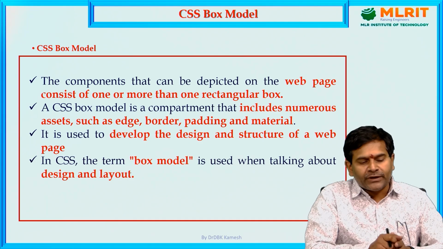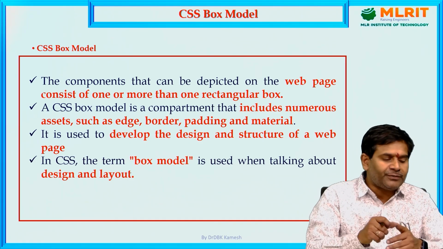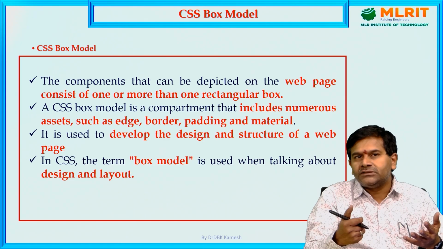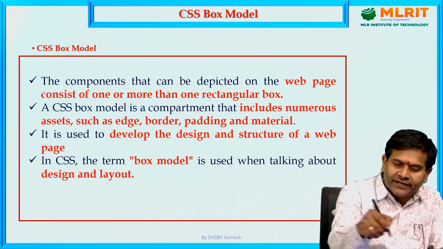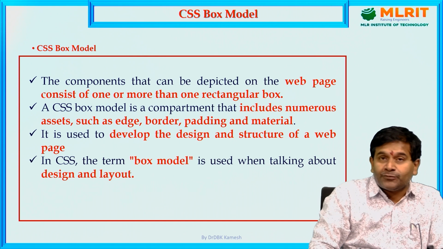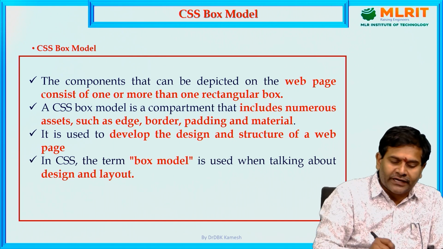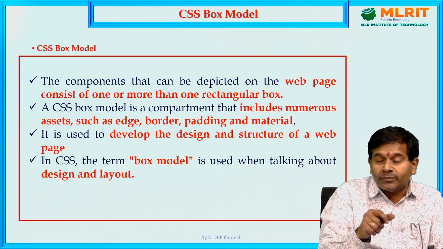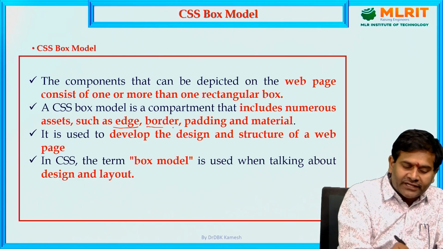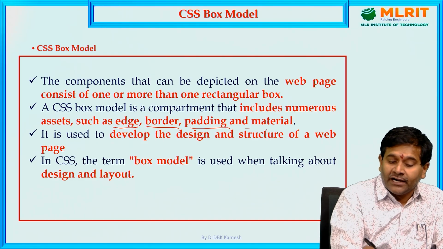The components that can be depicted on the web page consist of one or more rectangular boxes. A CSS box model is a component that includes numerous assets such as edges, borders, padding and material.